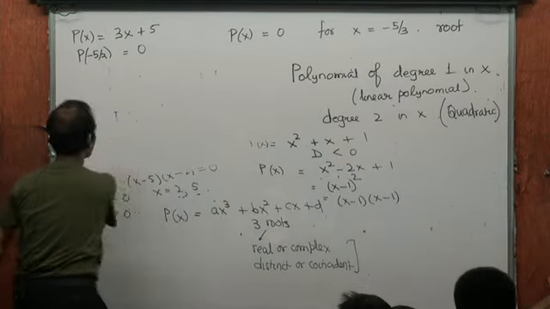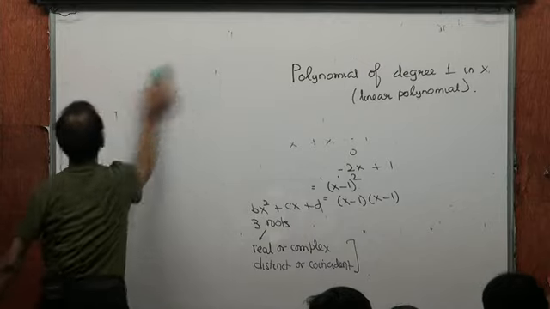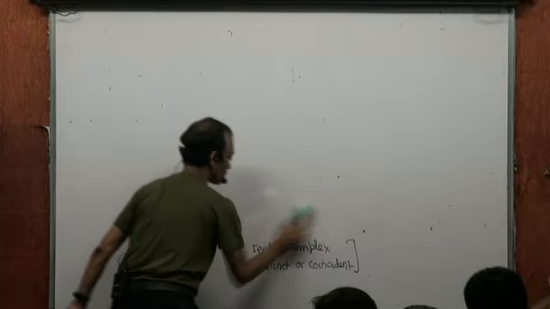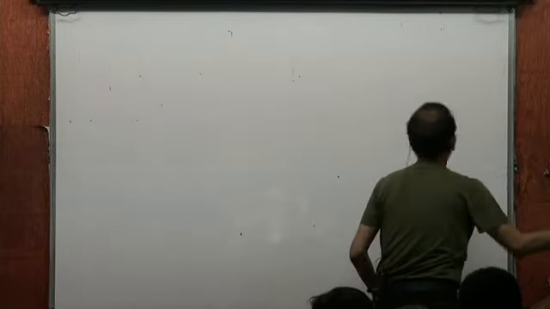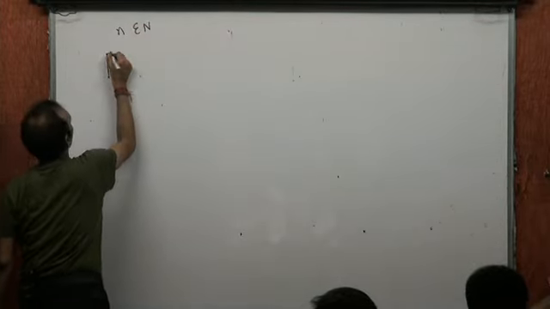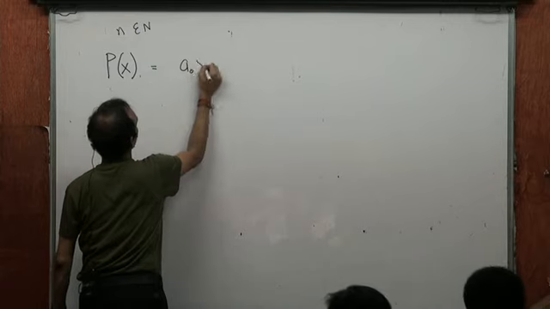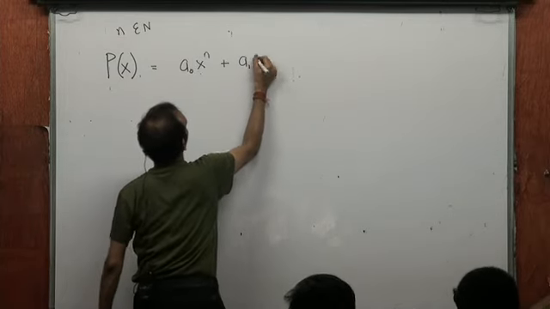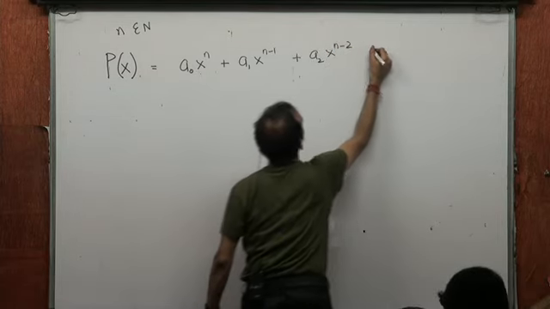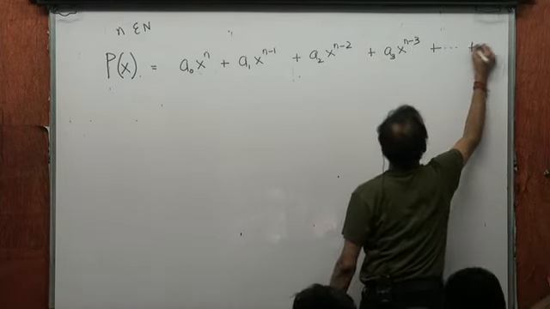That means if I have a polynomial of degree n, n is a natural number, it would be something like this: a naught x power n plus a1 x power n minus 1 plus a2 x power n minus 2 plus a3 x power n minus 3 plus up to an.